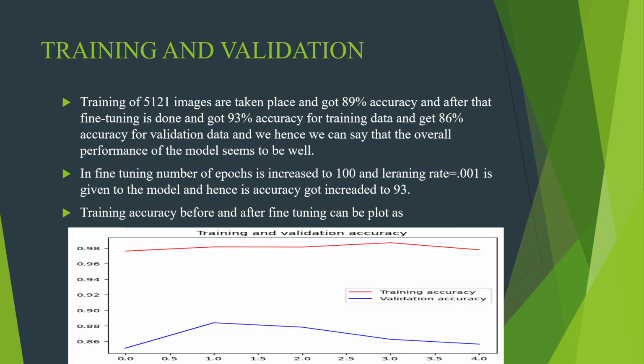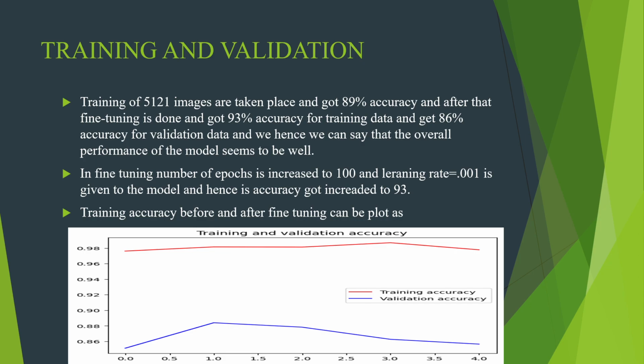Training and validation are the main steps in CNN architecture. Here I took 5021 images for training, and I split the training data and put it into a sequential model, and I got 89% accuracy.